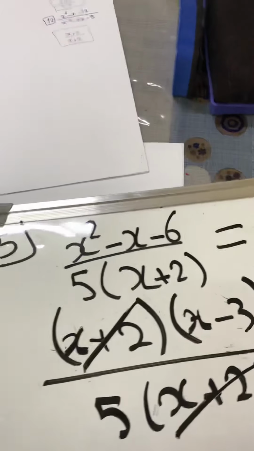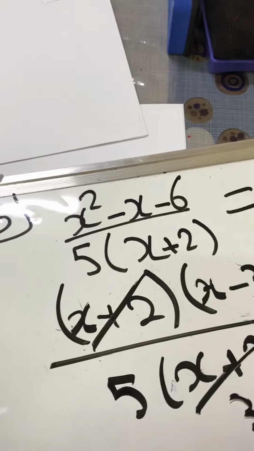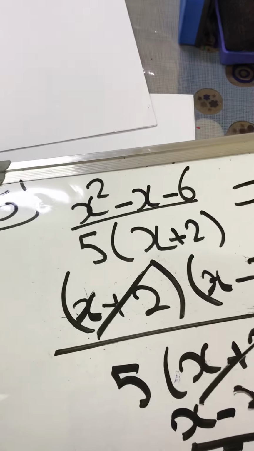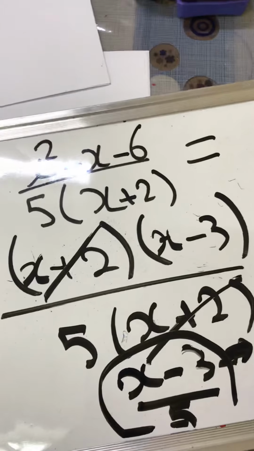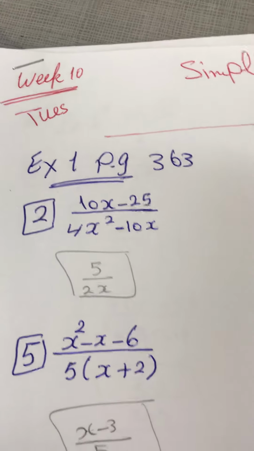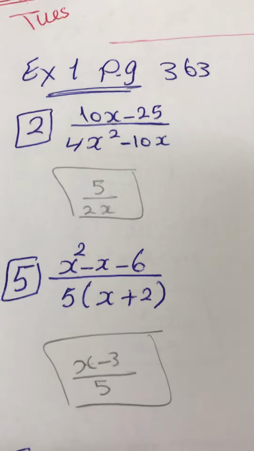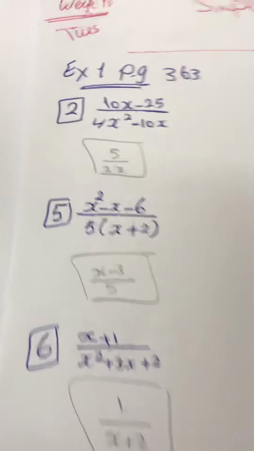Cancel them with each other. The answer will be x minus 3 over 5. So in exercise 1, page 363, number 2, the answer is 5 over 2x. Number 5, the answer is x minus 3 over 5. Okay, let's solve another one.